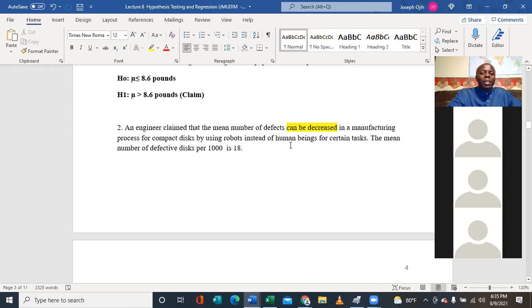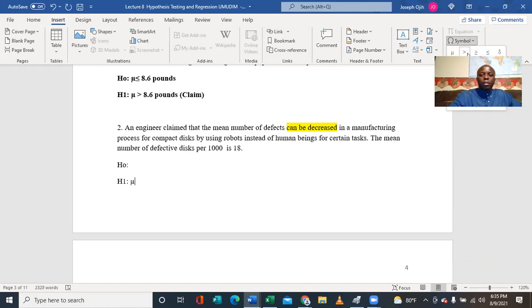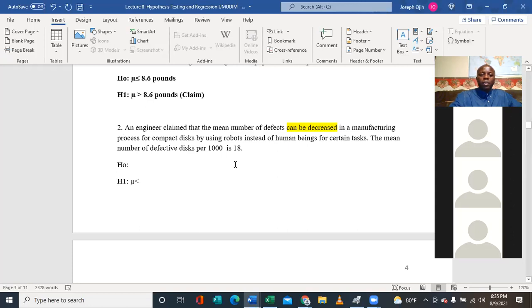So now decrease means less than, am I right or wrong? You're right. And because it is decrease, you can only use decrease in the alternative. You cannot use it in the null. So that means the mean is less than 18.